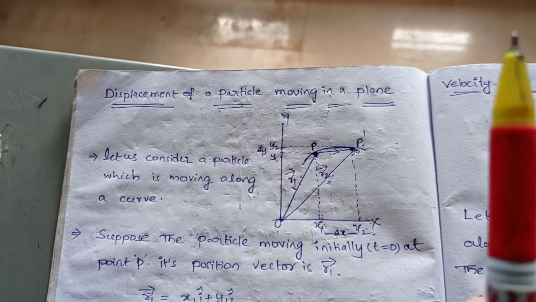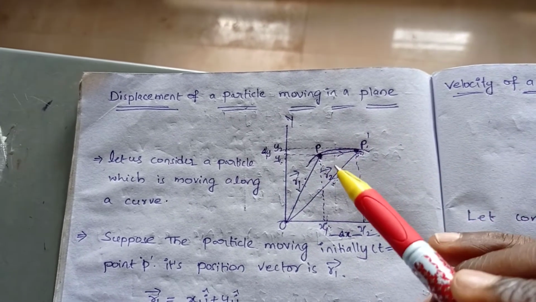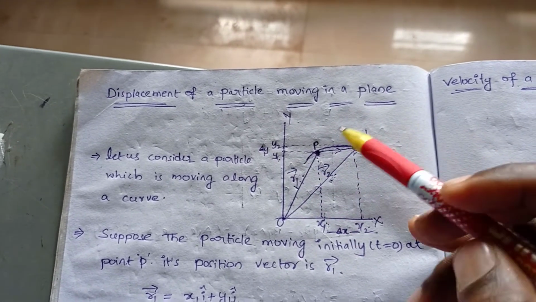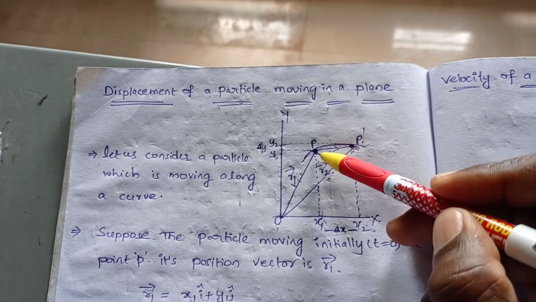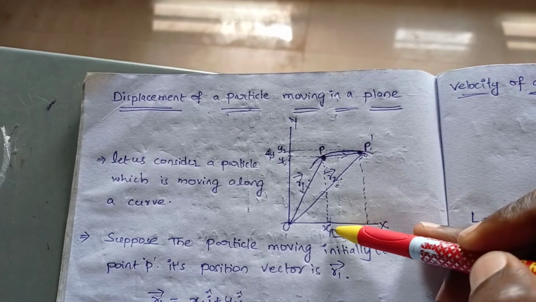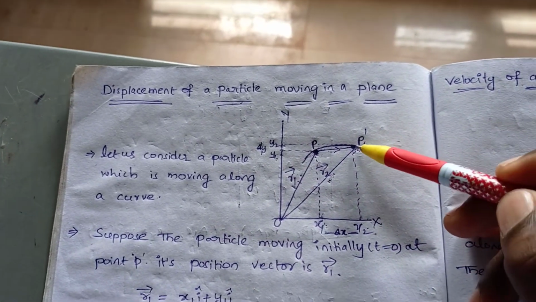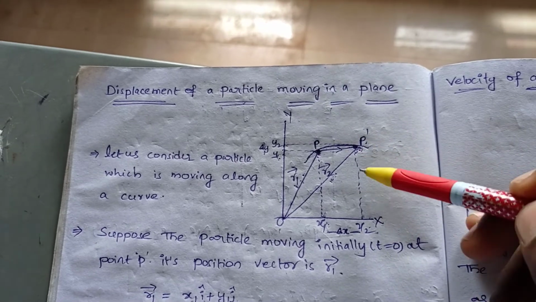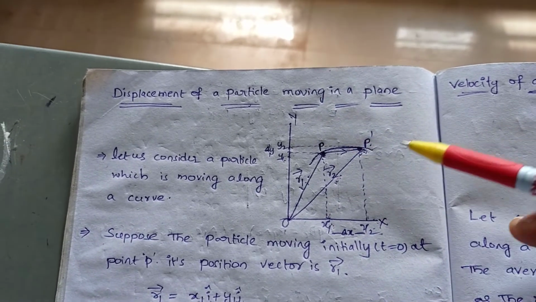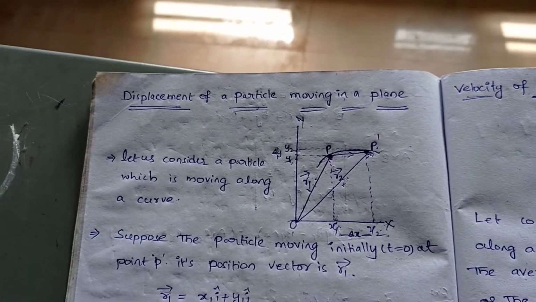So I am drawing two perpendiculars onto x axis and y axis. This is the perpendicular drawn onto x axis, that is x1, another one is y1. Next, from point P dash also I have drawn two perpendiculars onto x axis and y axis. This is x2, this is y2.